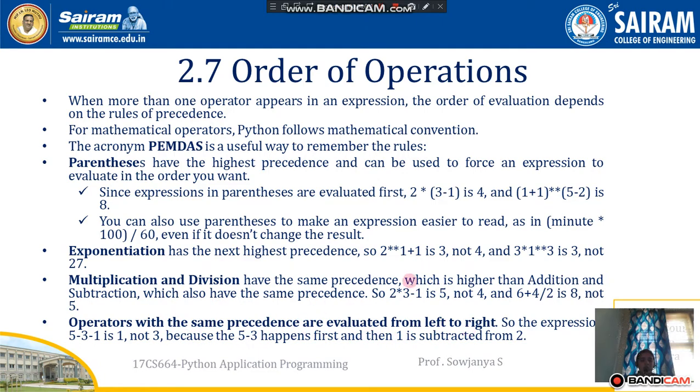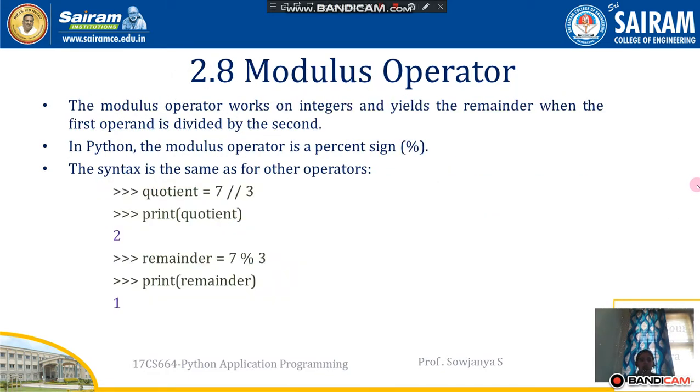Whenever you have operators with the same precedence, you evaluate from left to right. So when you have the expression 5 minus 3 minus 1, how do you evaluate the order? First 5 minus 3 is calculated. 5 minus 3 is 2, 2 minus 1 is 1. That is how you follow the order of precedence. So these are the rules of precedence which must be followed in the Python programming language.